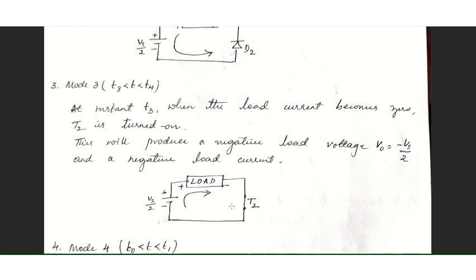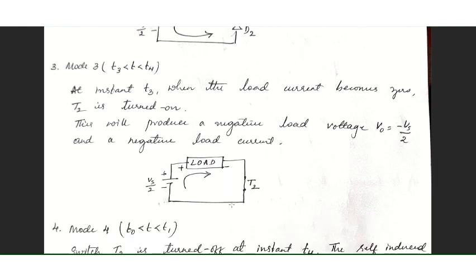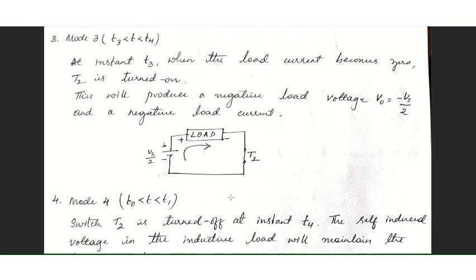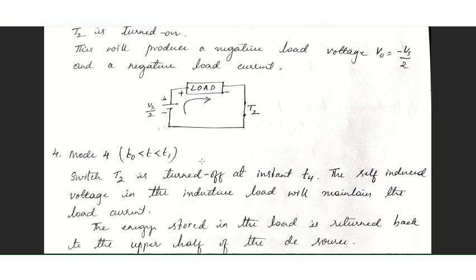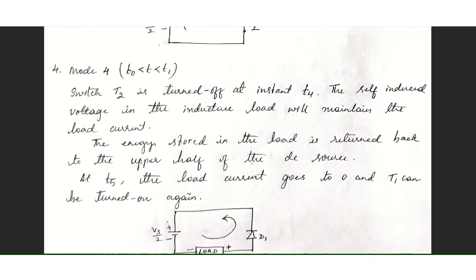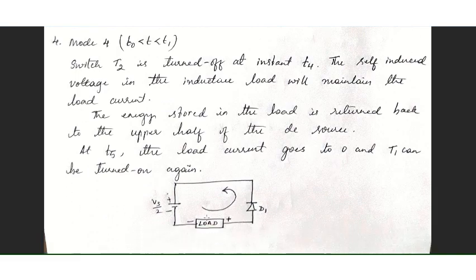by the inductor. Once the current reaches its maximum value at instant T4, if you turn off T2, the energy that is stored will be fed back to the source again, right? So it is returned back to the upper half of the DC source. So this is the circuit. At T4, it is not T5, it is T4.